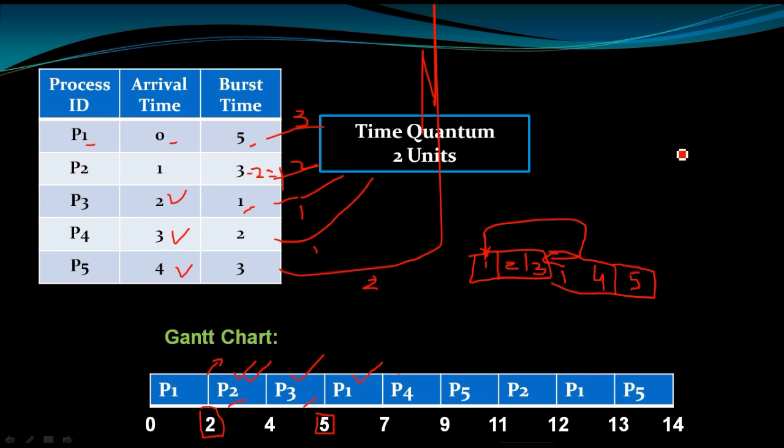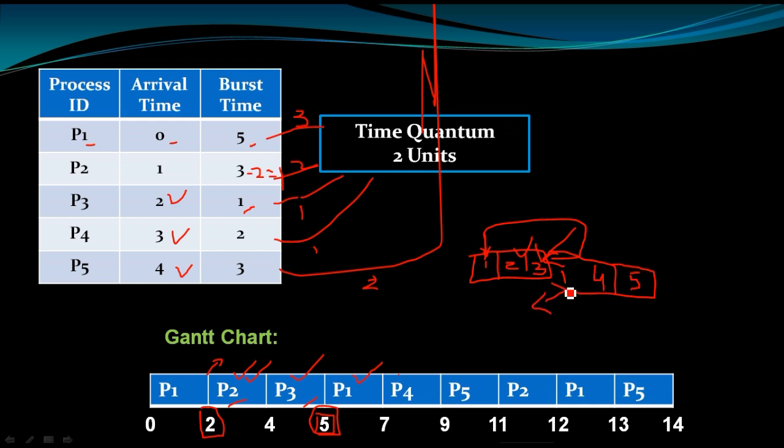If you are getting confused here, go back and watch my first lecture on round robin scheduling, where I have explained this ready queue. Now what happens after completion of the second and third processes, as per the Gantt chart, at the 5th millisecond? There is a process in the queue called P1.